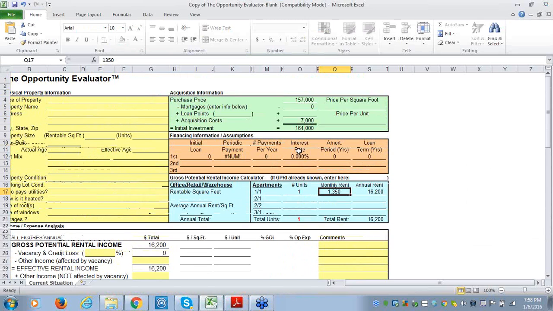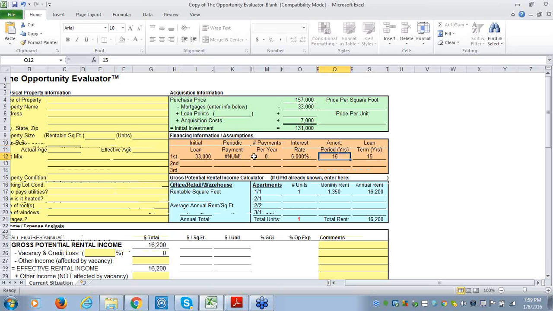Now we're going to assume a down payment of 20%. So let's call it 150,000 down payment is going to be 30 plus another almost 3,000. Let's call it 33,000 down payment. Interest rate is 5%, and for 15 years term, and we're going to say 15-year payment period too.